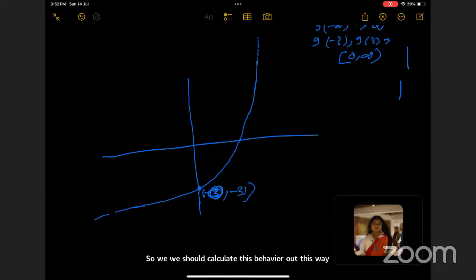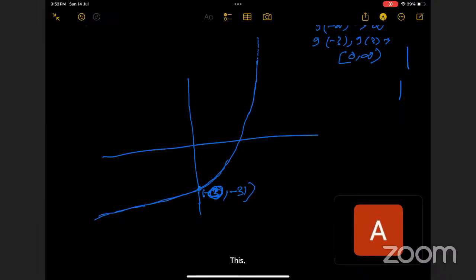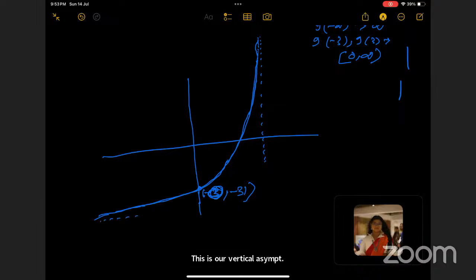When x tends to minus infinity, we want the horizontal asymptote, right? This is our graph. You know how to plot the graph, right? Yes. So here we can have two asymptotes. This is our vertical asymptote and this is our horizontal asymptote.